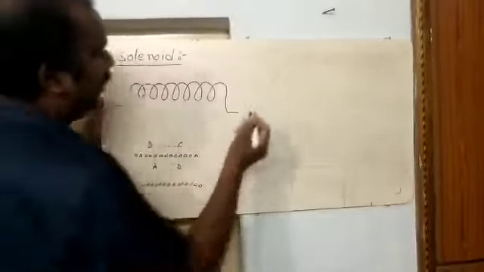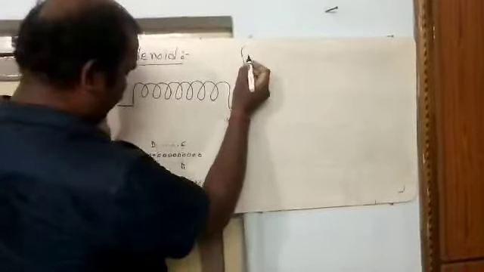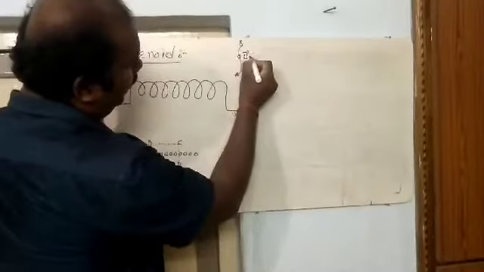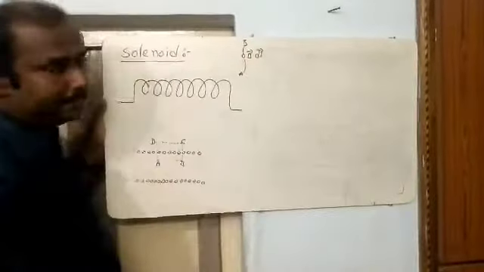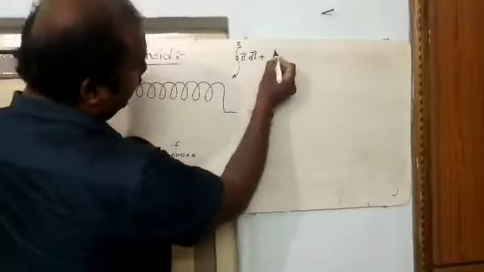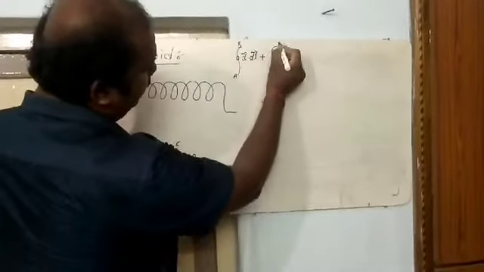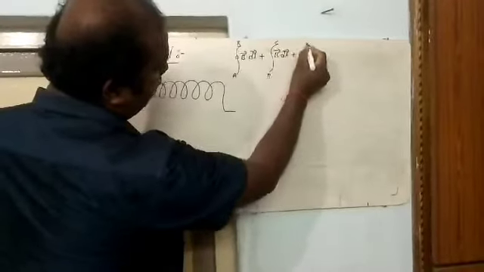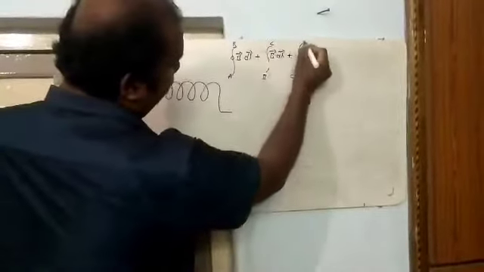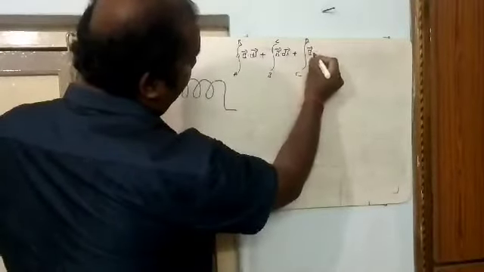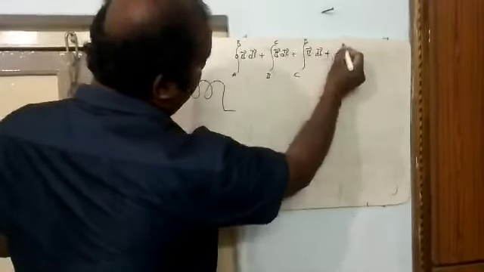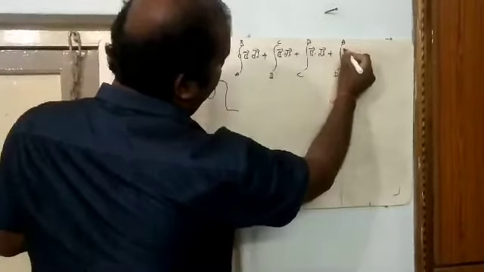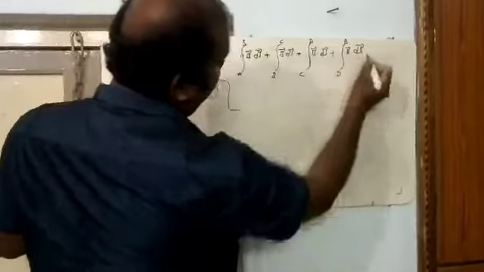By using Ampere circuit law, I can get integral A to B, B bar dot dl bar, plus integral B to C, B bar dot dl bar, plus integral C to D, B bar dot dl bar, plus integral D to A, B bar dot dl bar.